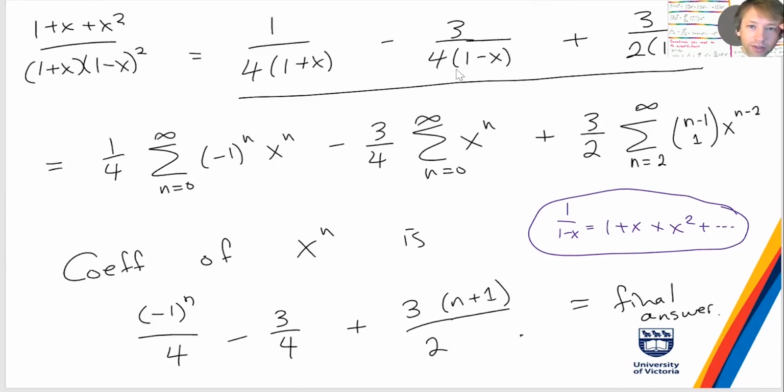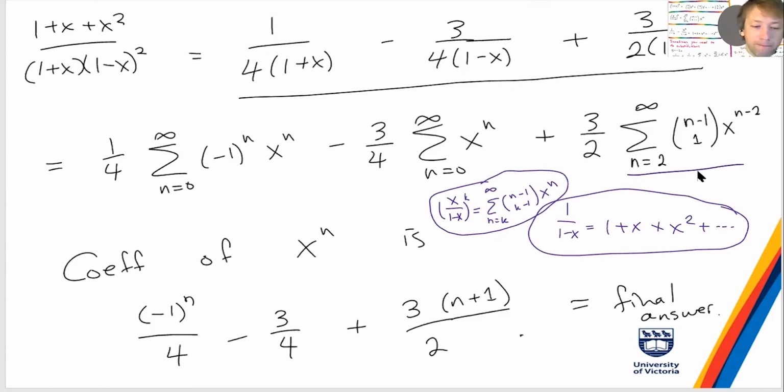This is 3/4 times the geometric x to the n. Then using the derivative of this, or our formula that this thing is the sum from n equals k to infinity of n minus 1 choose k minus 1, x to the n, and that's all we're using here.